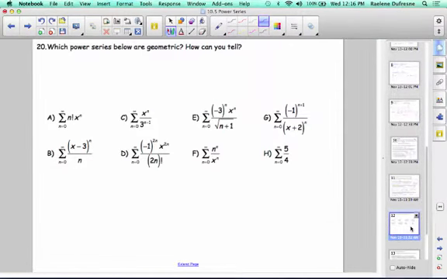In number 20, we are asked which power series below are geometric and how can we tell? Well, we know that a geometric sequence term has the variable n in the exponent. And so for the series, when n shows up only in the exponent, we have a geometric series.